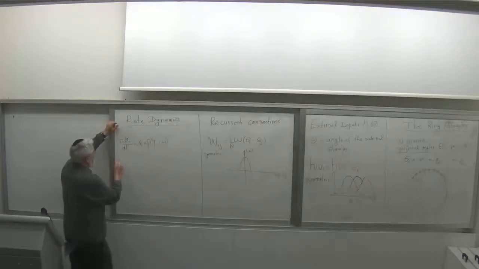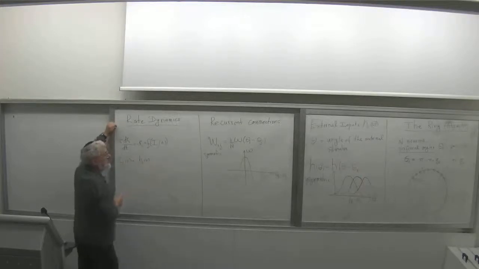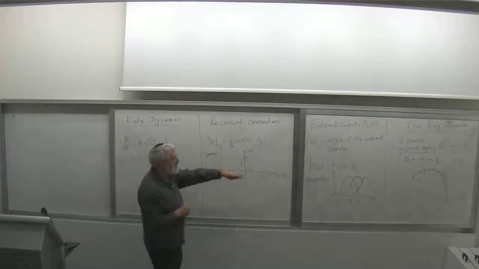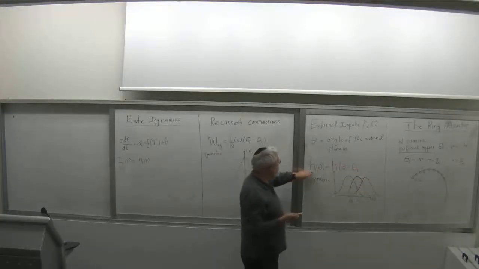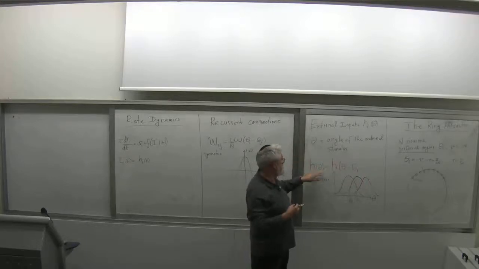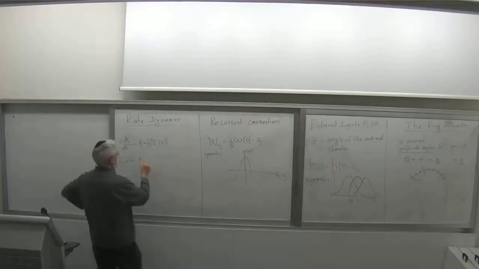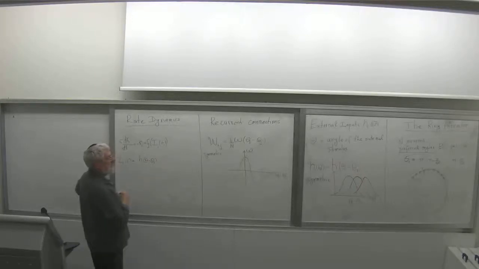And I of t is, first of all, h_i of t. In principle, it could be a function of time, if for some reason the amplitude changes in time. Let me assume this structure so it will be simple, h_i of theta, without making it overly complicated.